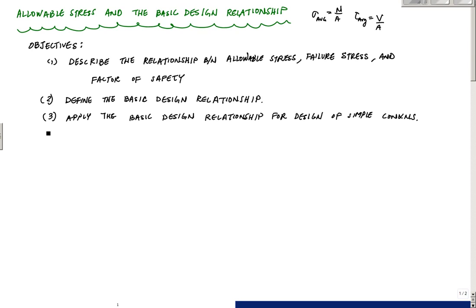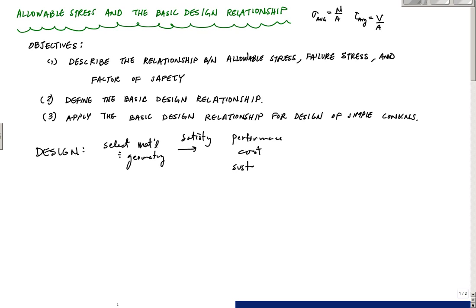And really, the idea behind engineering design is to select material and geometry, like cross-sectional area, steel, aluminum, composite material, to satisfy performance requirements, cost, and nowadays even things like sustainability, right?